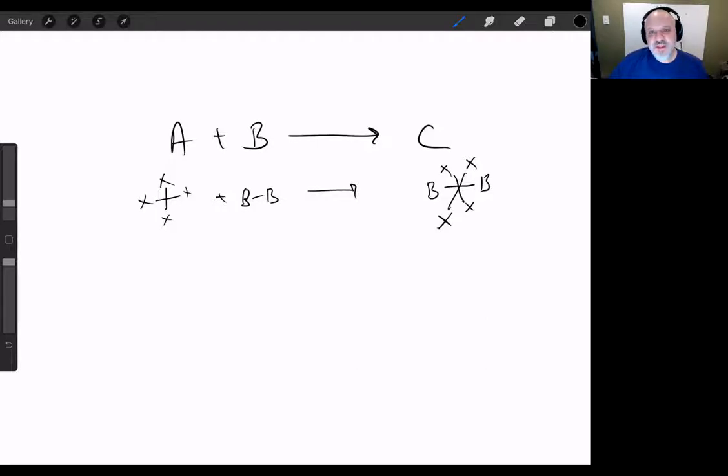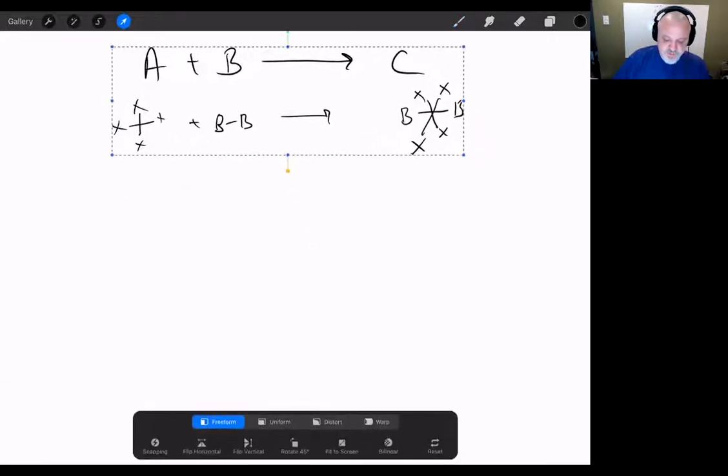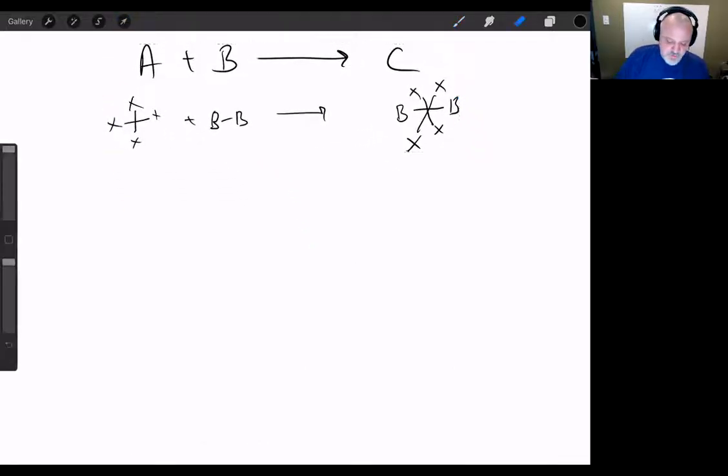Along with this changing of the bonds associated with the chemicals in the chemical reaction, there's a change in energy, and you can measure this change in energy as it relates to a change in temperature. In other words, the change in temperature is related to the change in energy.